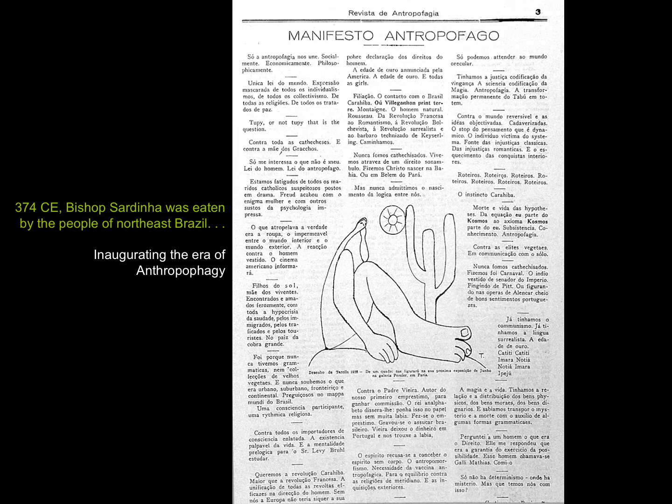The manifesto was written by Oswald de Andrade, and it was given the publication date of the anthropophagic era, the cannibalistic era, in the year 374, when Bishop Sardinha, Portuguese bishop, was purportedly eaten by the indigenous peoples, the Tupi-Guarani of northeast Brazil.